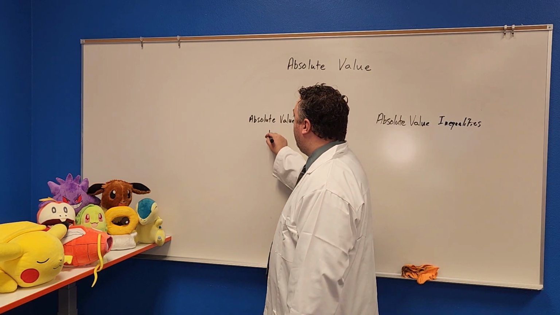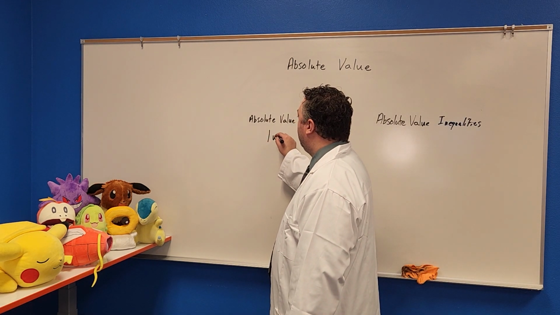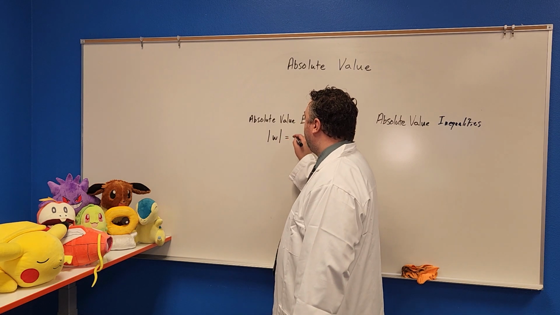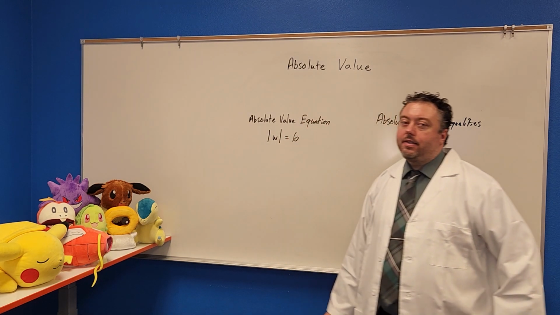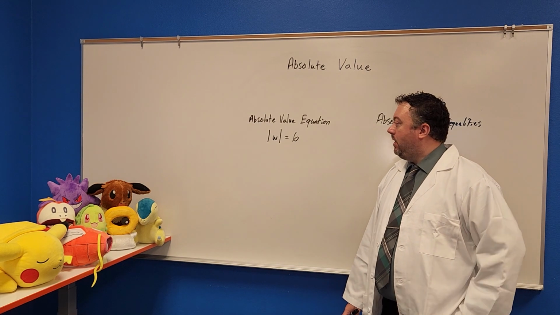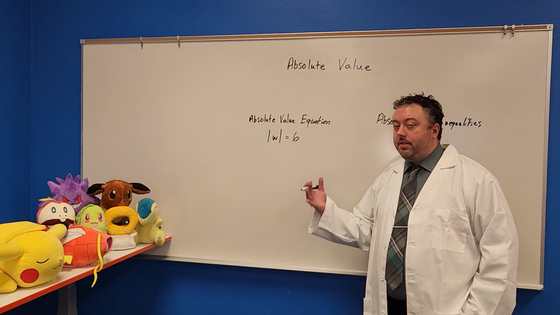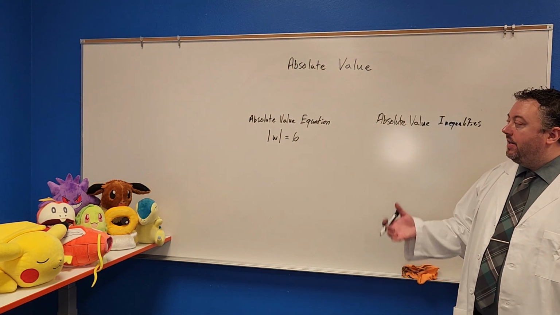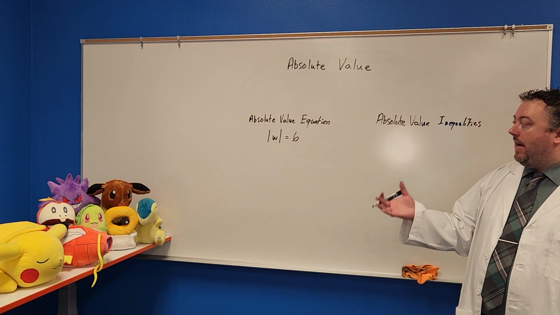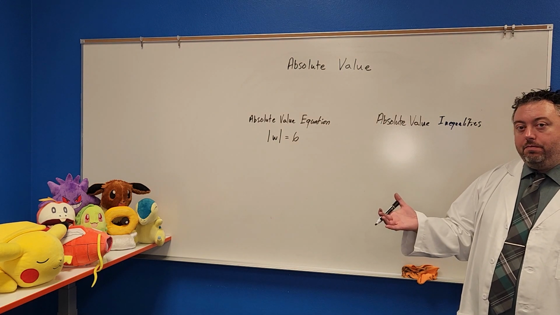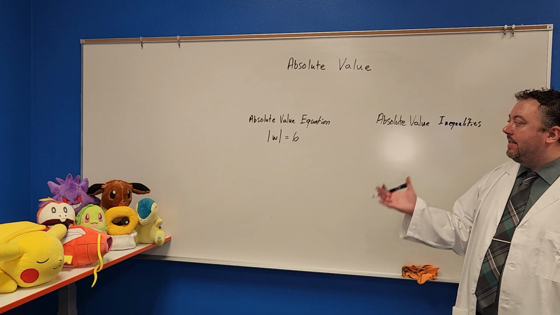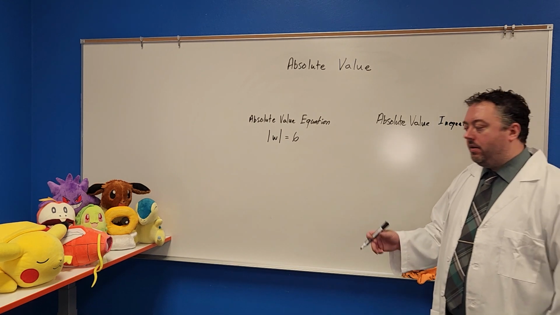The absolute value of W equals 6. So this is a very simple equation that says the location of W needs to be 6 units away from 0.